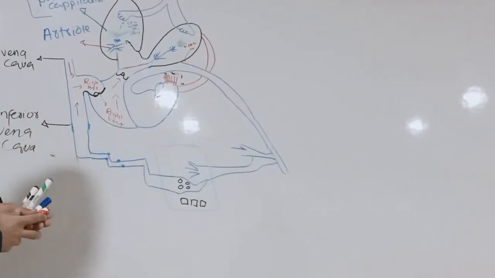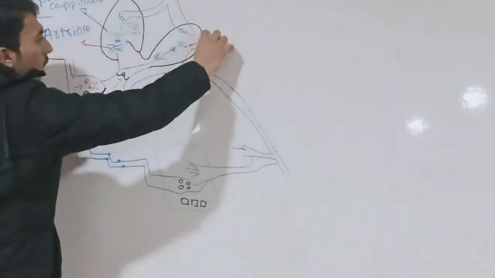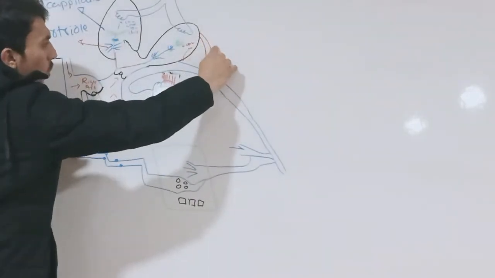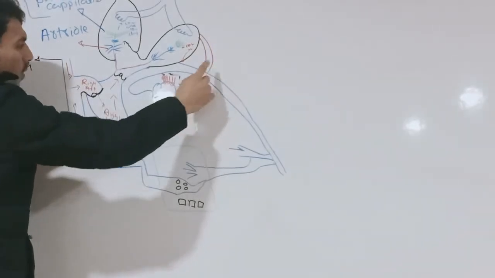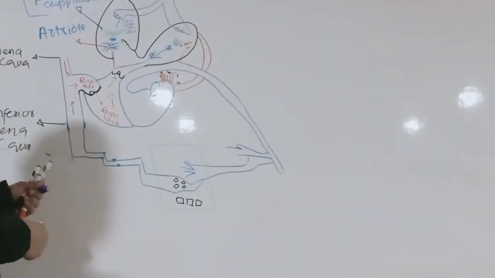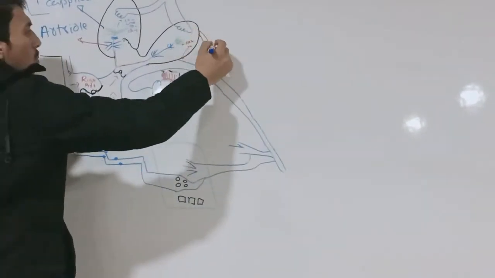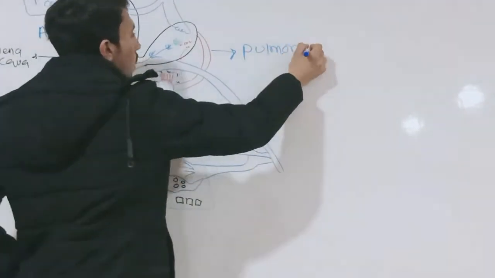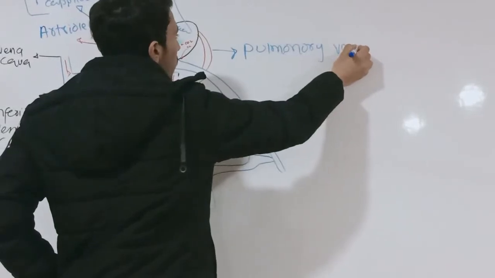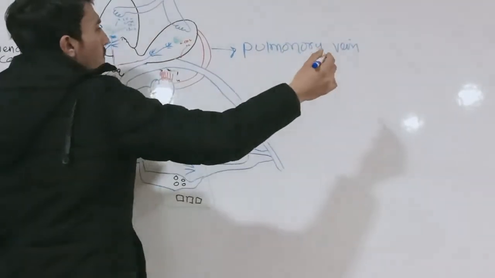Now, the oxygenated blood will come to this vessel, the pulmonary vein. Through which one? Through the pulmonary vein. This is also called the main vessels.